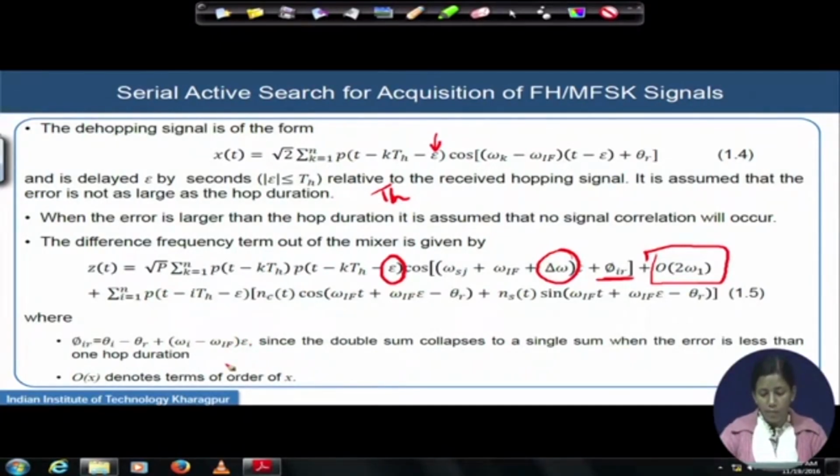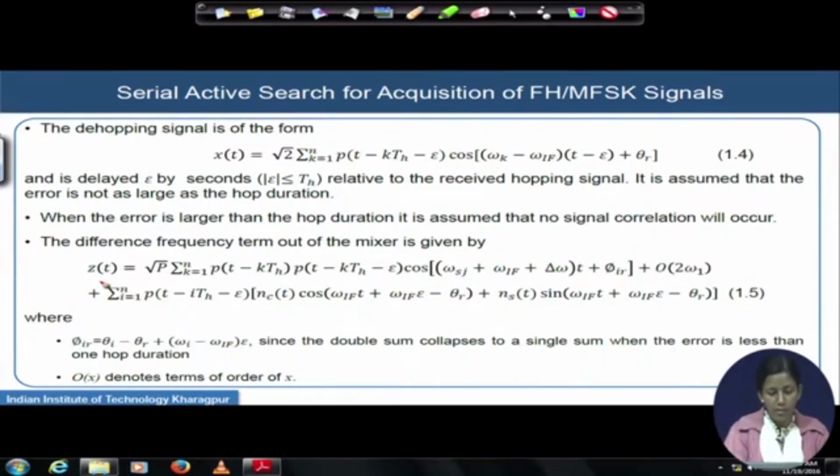And if I consider that the error is less than the hop duration, then the double frequency term will come up, and it will collapse to the single sum like 1.5. So fundamentally this is the term that comes up at the output of the mixer because of the presence of both frequency error as well as timing error in an FFH MFSK signal.